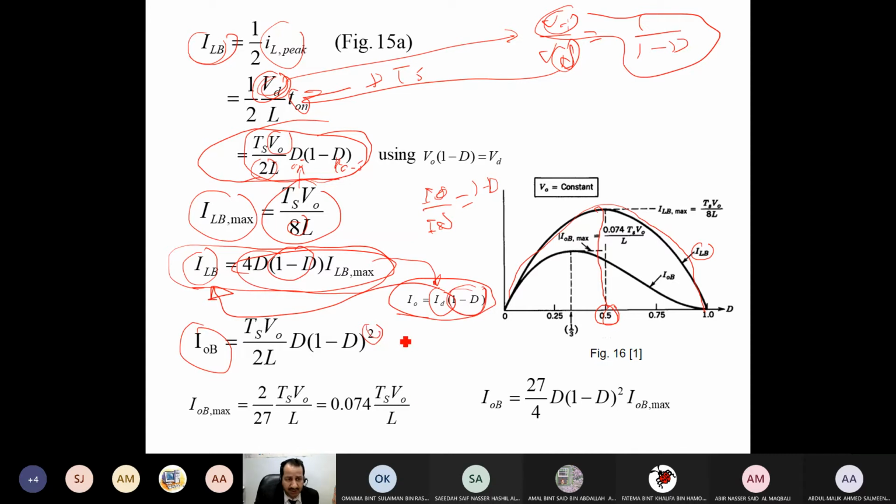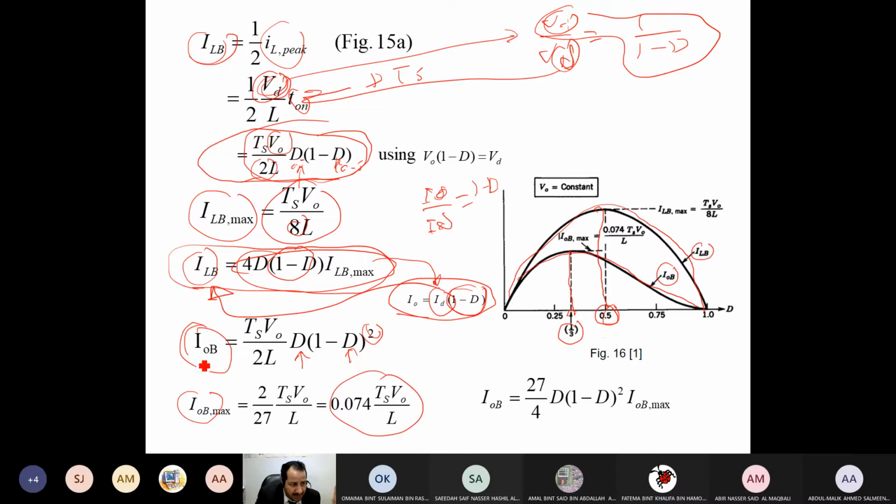Let me sketch IOB. I got this curve. Now, when I try to find the maximum, I will find that it peaks at 1/3, when D is 1/3. So if I substitute 1/3 here and here, then I get the IOB max value.